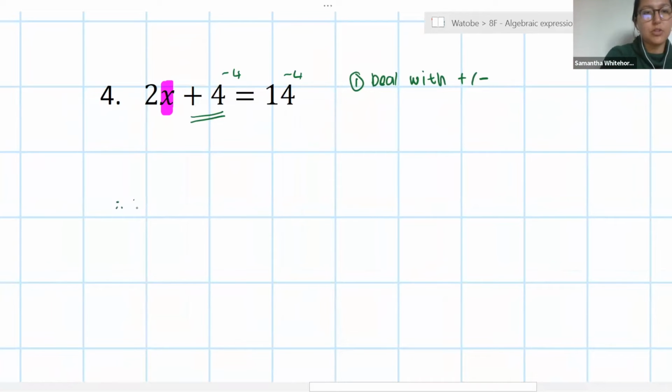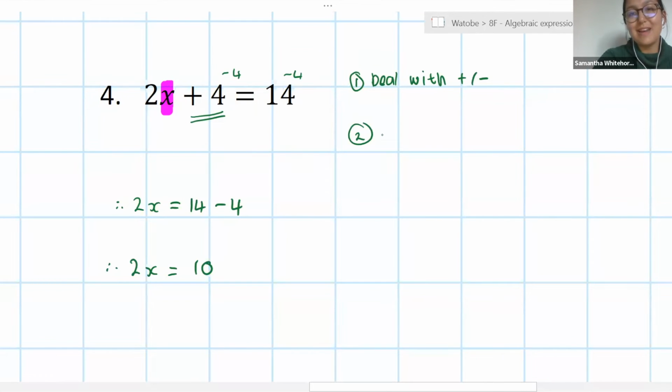So that means I've got 2x is equal to 14 minus 4. Now I know what 14 minus 4 is. That's 10. Once I've dealt with what's being added or subtracted, then I can deal with whatever is being multiplied or divided.